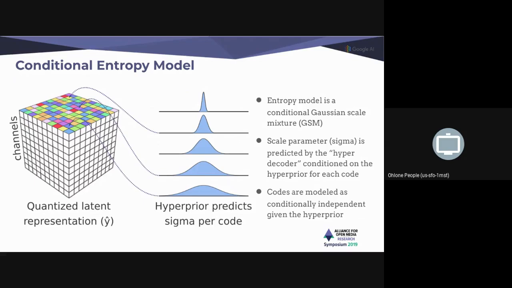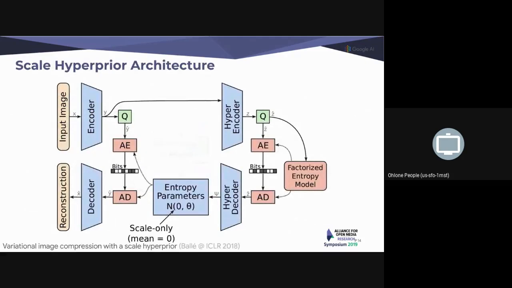Well, if we could do this, of course, we could get better rate distortion trade-off than on the previous slide, because this is strictly more powerful. But it raises a question. How do we store this information? How do we store these sigmas for these Gaussians? Don't we have to pay something to store this information? And of course, the answer is yes, we have to pay some price. But if we're clever about it, maybe the price we pay will be absolutely minimal.